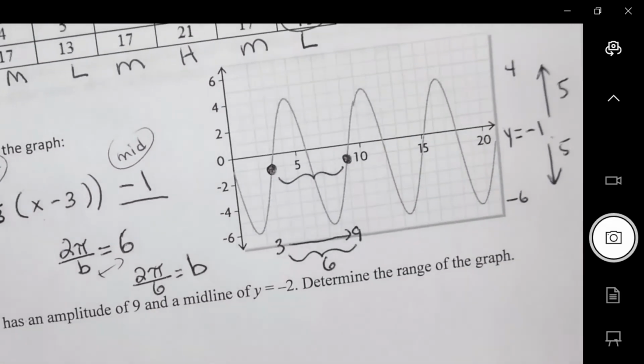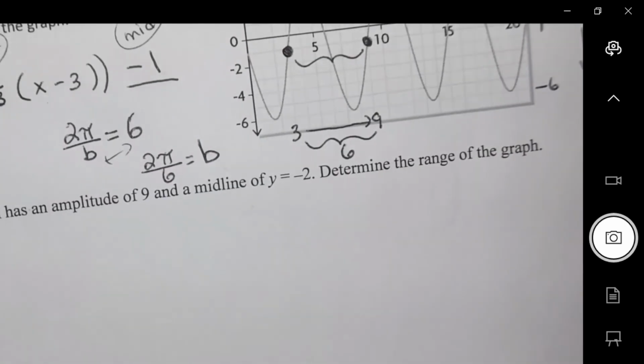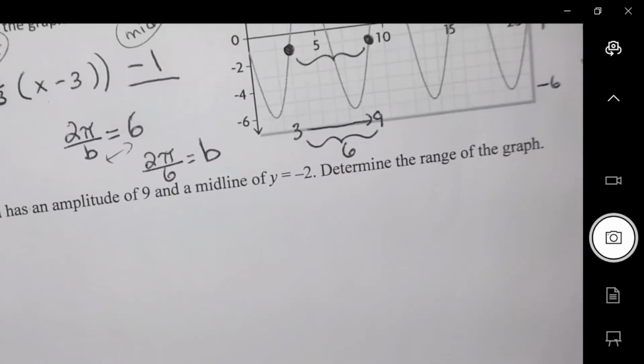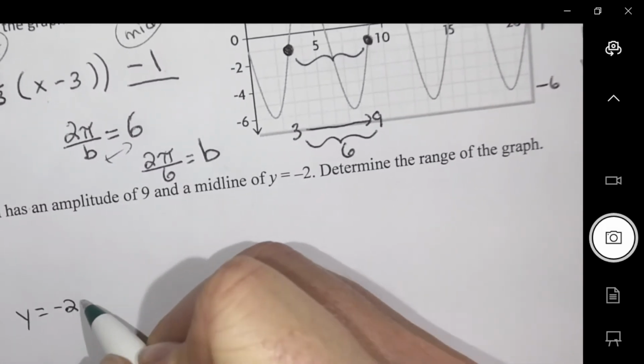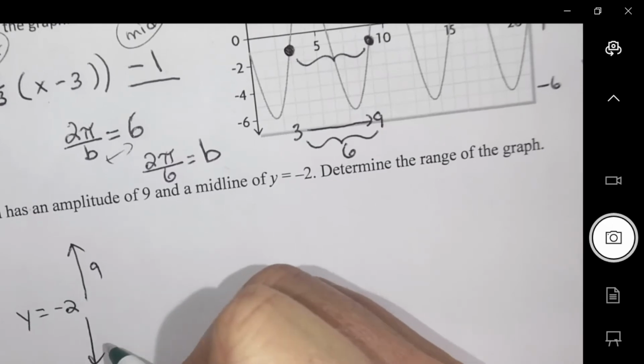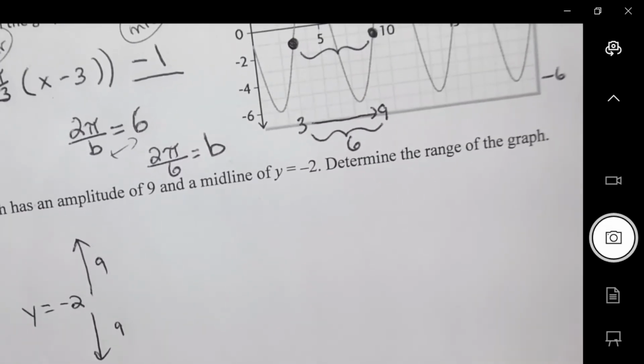Okay, a sinusoidal graph has an amplitude of 9 and a midline of -2. What's the range? So this is kind of my visual.